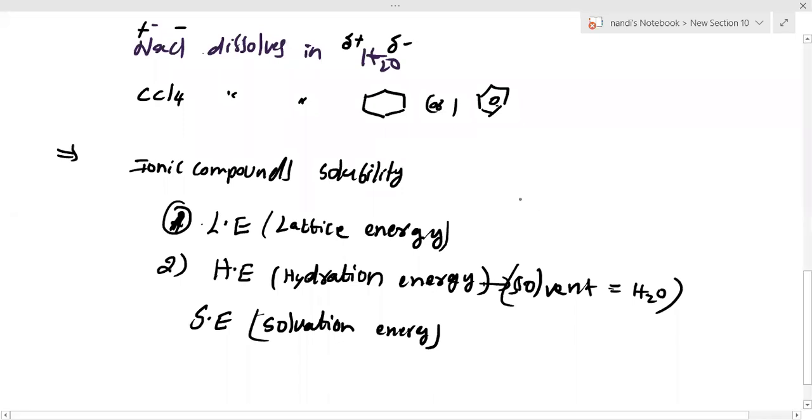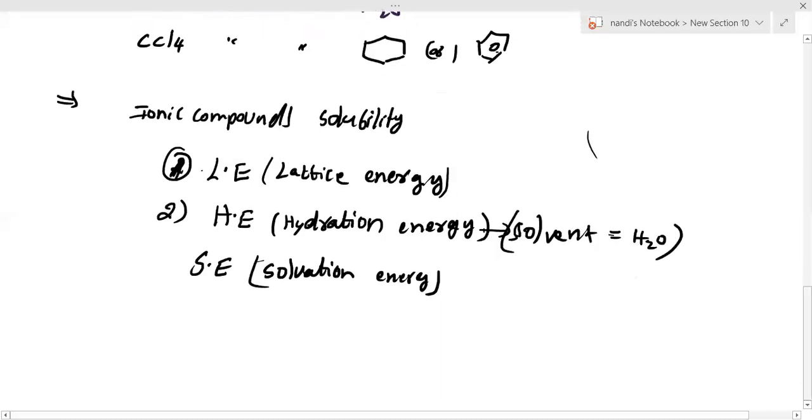I think these points belong to the chemical bonding chapter, but we can give a little bit briefly here. Suppose KCl, K plus, Cl minus, they have an attraction force in between. That we call lattice energy. This, which I'm writing, sir, is the electrostatic force of attraction. That's what I'm showing here as lattice energy.